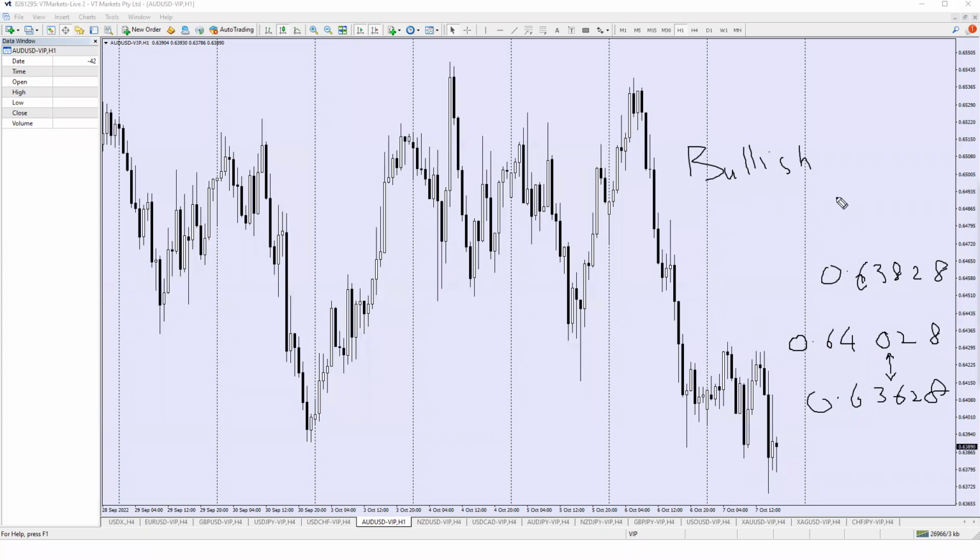That's the meaning of plus minus 20 pips. Okay.